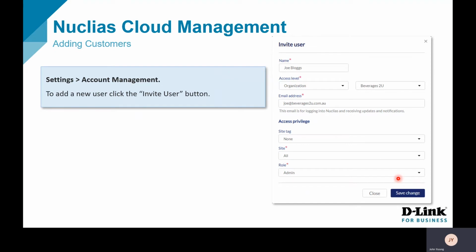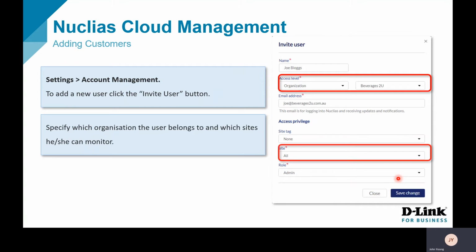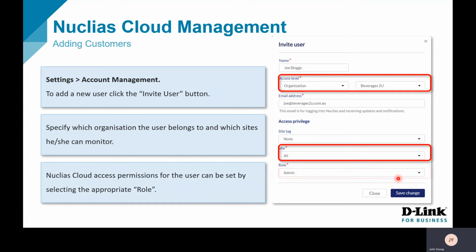Next, you can create local admins to handle their own devices. You can just invite the account, create it, and tie it to the site that they are able to manage. You can create the role and privilege for them. It comes with 4 types.